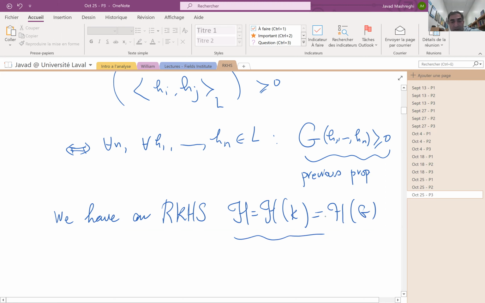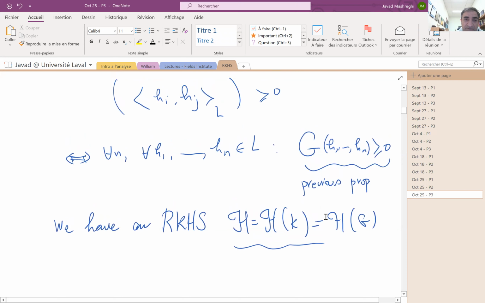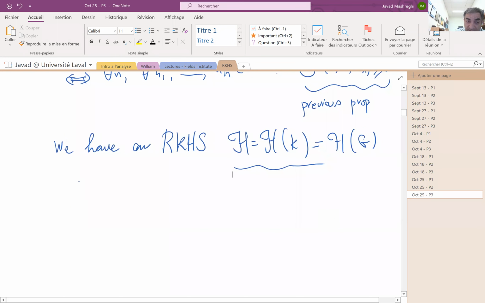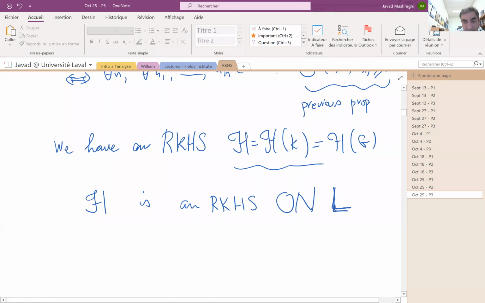We have a reproducing kernel Hilbert space whose kernel is K, but note that H is an RKHS on L. Its elements are functions on L. If F is in H, then F is defined as a function on L.